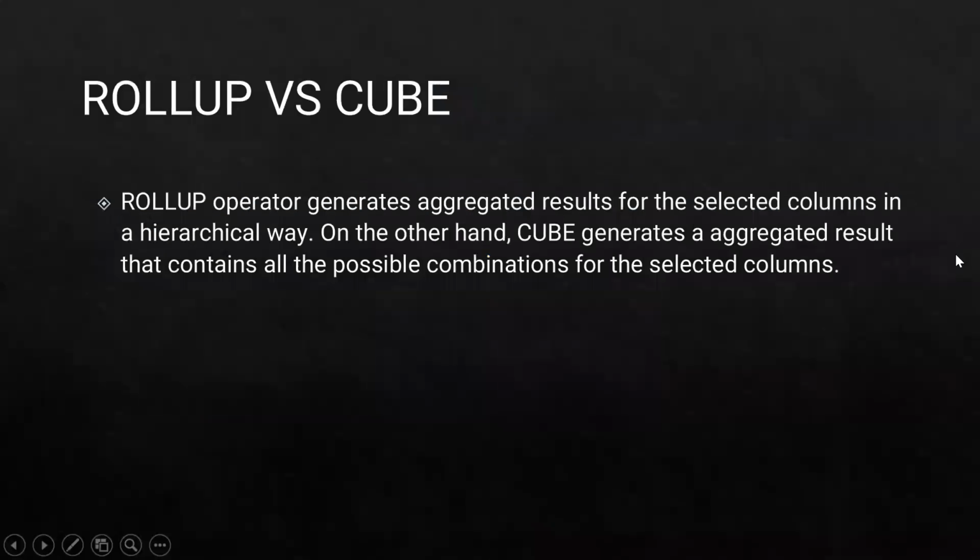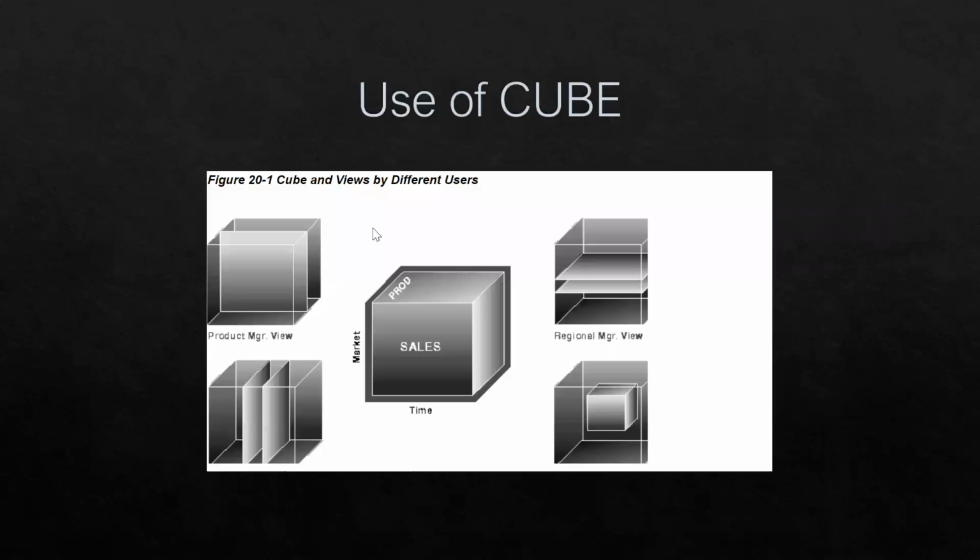Now coming to the difference between rollup and cube. As you saw, rollup works in a hierarchical way and aggregates for the selected columns only, whereas cube generates aggregates that contain all the possible combinations of selected columns. Like I mentioned, why do we need cube? Cube is basically a multidimensional data set.